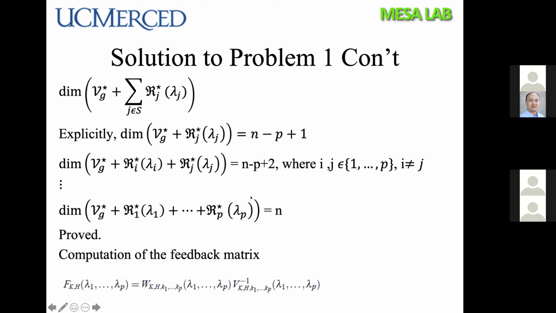So the smallest value is greater than the largest value. Hence, this condition is always greater than n minus p plus curve S. So proved. And the paper also gave the computation of the feedback matrix, which is how to calculate the F in here.